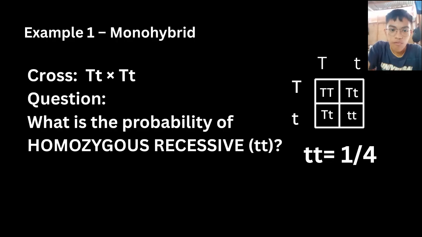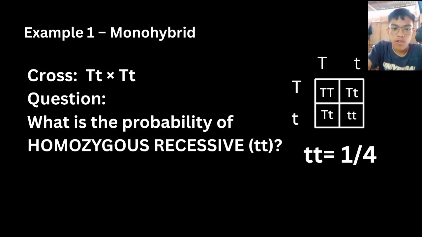So problem 1. The cross is capital T, small letter t, cross to capital T, small letter t, both events. So find the probability of homozygous recessive, which is denoted by small letter t, small letter t. Step first, we should determine the probability nga makakuha og t gikan sa usa ka parent, which is 1/2.